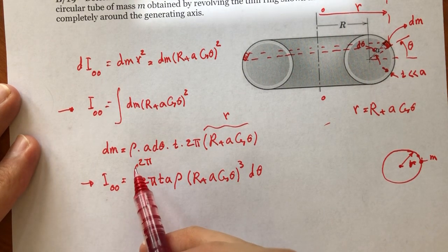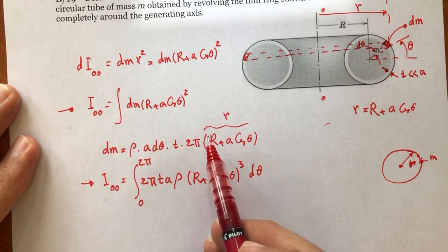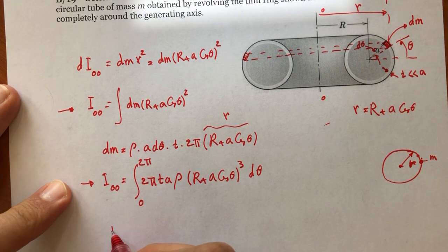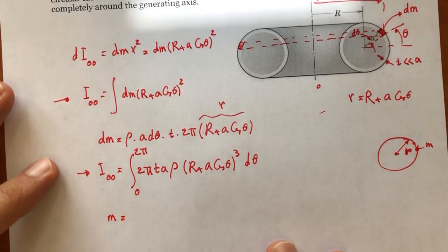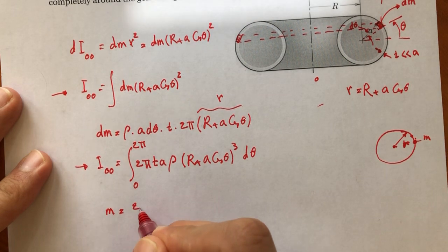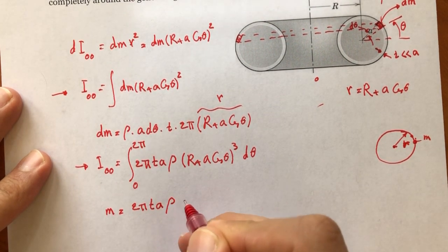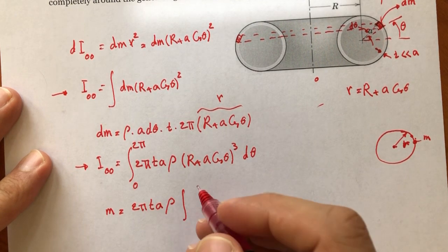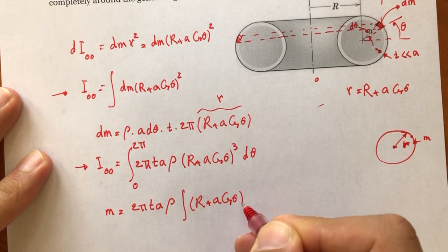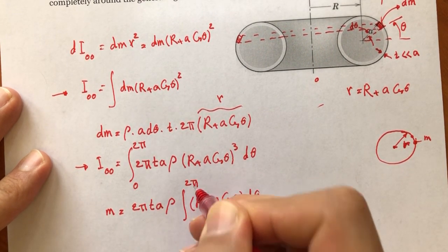And also, like the previous problem, we need to calculate m as well. So we need to integrate this one as well to find the total mass. Integral of dm is m, and integral of this side is going to be 2π t a rho times the integral of (r + a cos θ) dθ, again from 0 to 2π.